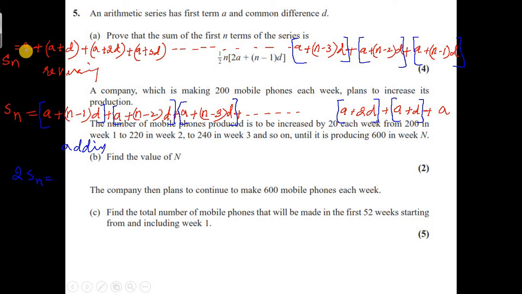Now I am adding the first term in the first equation and the first term in the second equation. So a plus a would be 2a, and then n minus 1 d plus n minus 1 d.